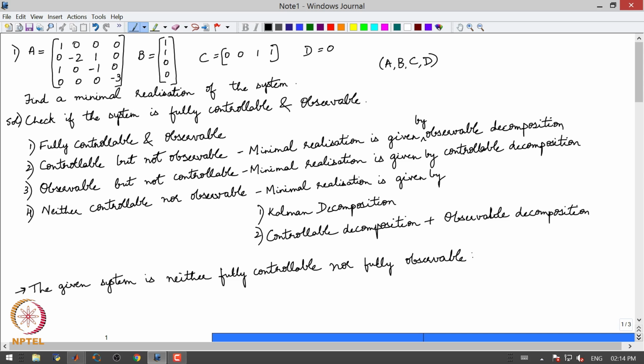You can check this using the controllability and observability matrices. The rank of those matrices will tell you that this system is neither fully controllable nor observable.